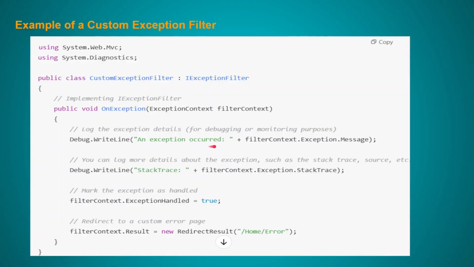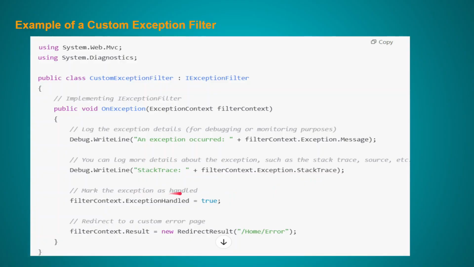"An exception occurred" plus filterContext.Exception.Message. So this logs the exception details for debugging or monitoring purposes. You can log more details about the exception such as the stack trace, source, etc. We can write like this: Debug.WriteLine stack trace, filterContext.Exception.StackTrace.